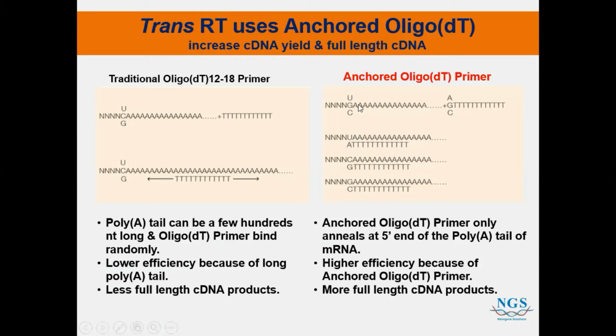So if let's say your first base is U, A here will bind. If your first base is C, G will bind. So with this feature, it will increase the efficiency of your cDNA conversion, and at the same time, you will get more full-length cDNA products. Okay.